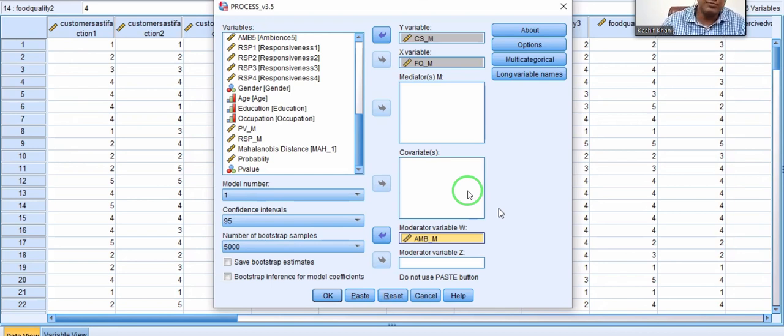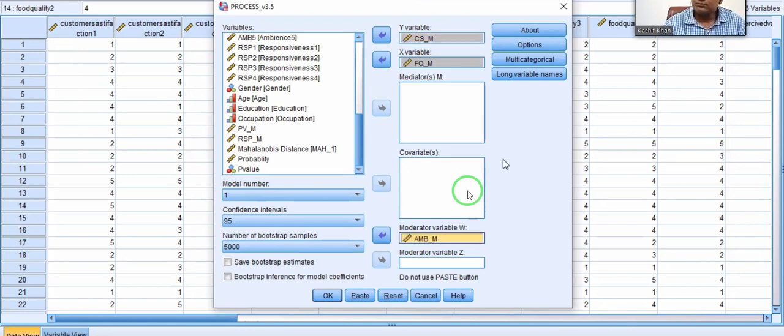If it's a good ambience, we believe it has a good impact on customer satisfaction. If it's a bad ambience, we believe it decreases customer satisfaction. So it moderates the relationship between food quality and customer satisfaction. Look here, I've taken only one dependent variable and only one moderator.